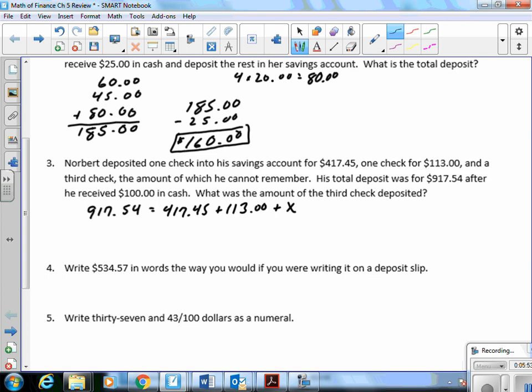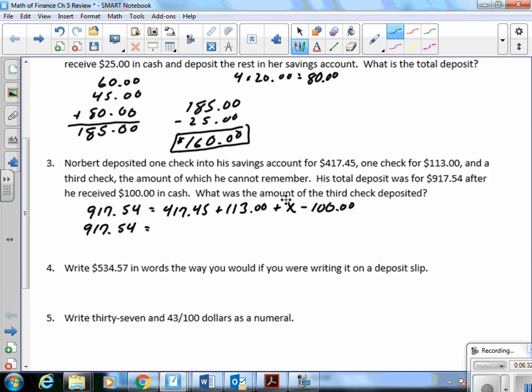some check that he doesn't remember the amount of, so I'm going to call that X, and then he got $100 cash out, so that's subtracted from all that total. 917.54. Combine those numbers together there, and 417 plus 113 minus 100. It's really like 417.45 plus 13.